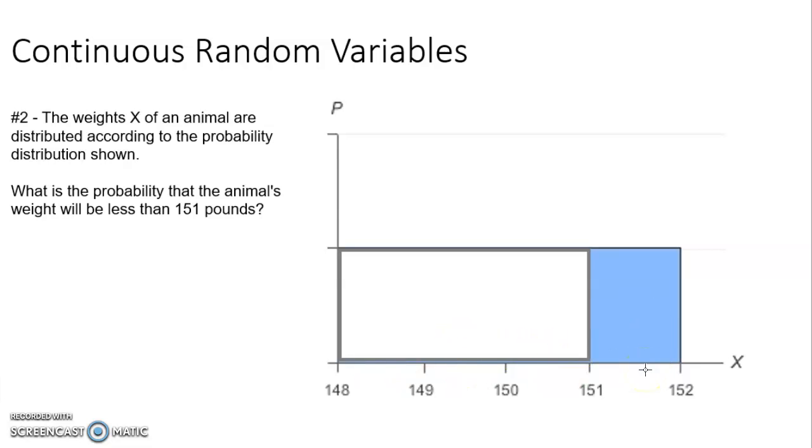And the length of our region that we're concerned about is 3. 151 minus 148 is 3, or again, count the segments, 1, 2, 3. So it's 3/4 of the whole. You can take it from there. Go ahead and convert 3/4 into a percent or a probability for number 2.